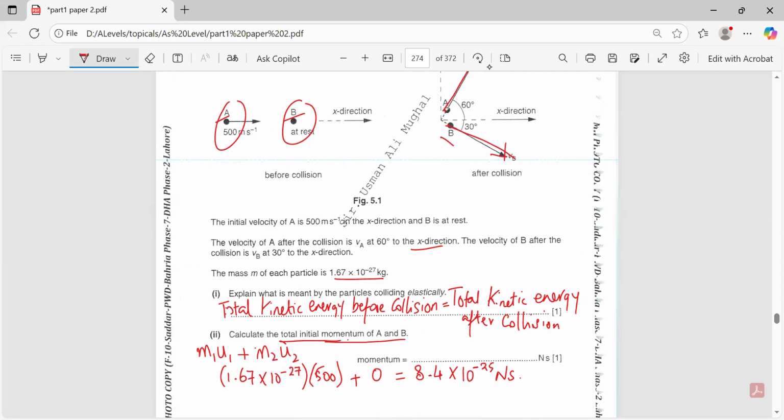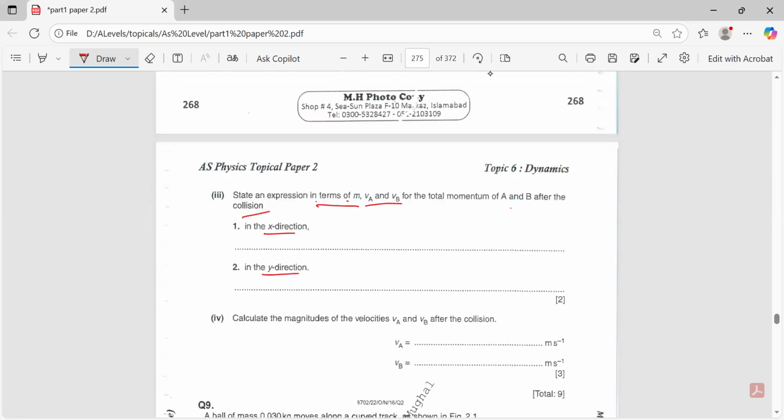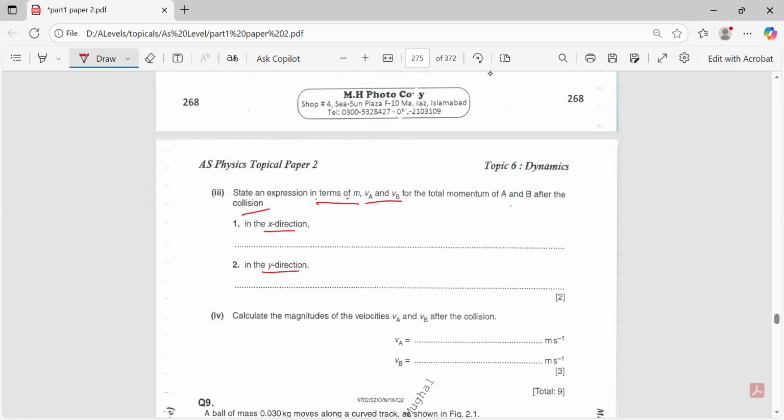So m1 u1 plus m2 u2 will be equal to 1.67 into 10 power minus 27 into 500 plus 0, and this will be equivalent to this. Shall I move on? Okay, moving onwards to the next part: state an expression in terms of m, vA, vB for the total momentum of A and B after the collision.